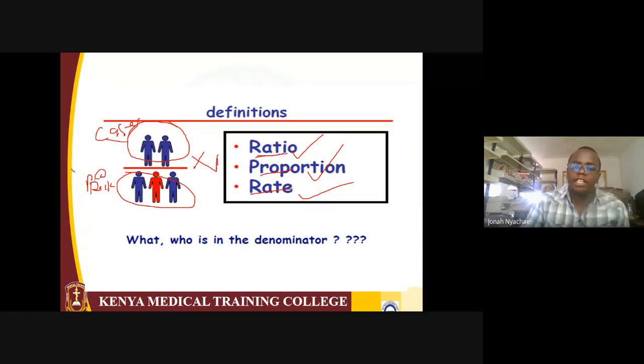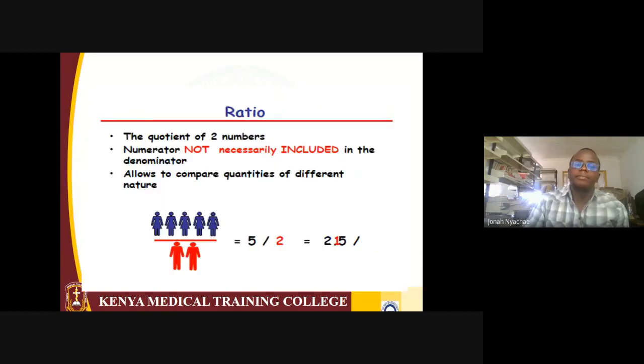So when you're talking about a ratio, proportion, rate, what is the denominator? The ratio is the quotient of two numbers, and the numerator is not necessarily included in the denominator. It allows us to compare quantities of different nature, for example girls versus boys.